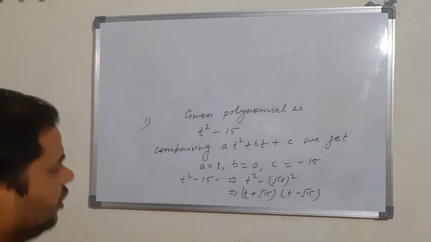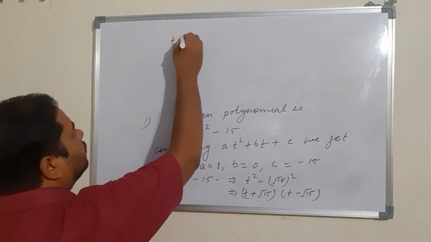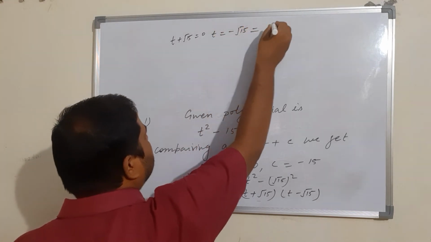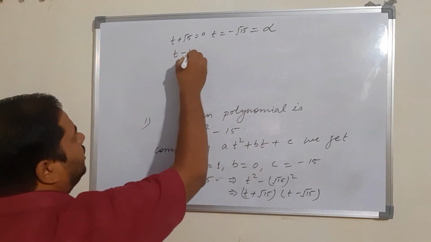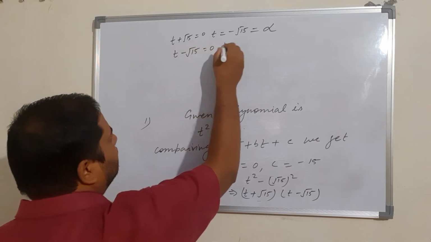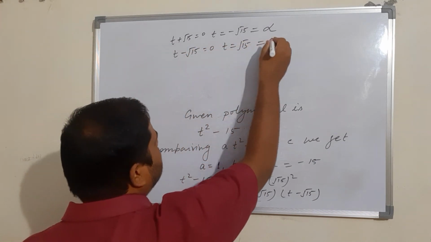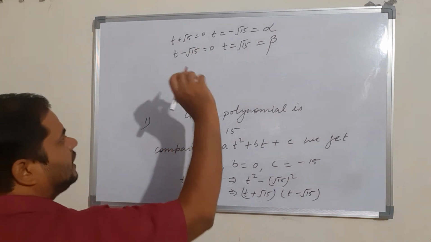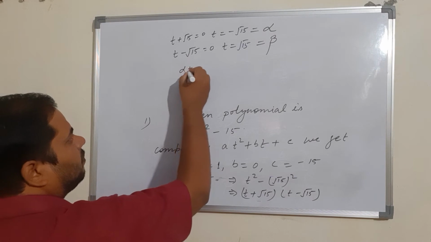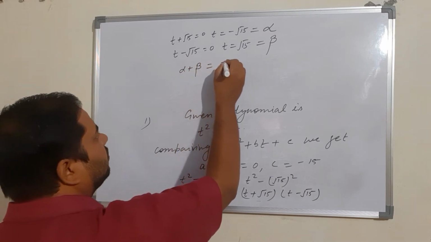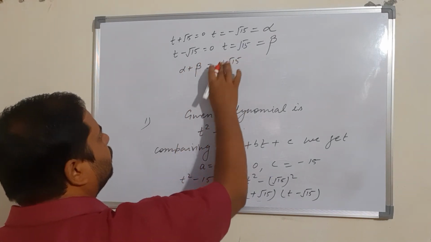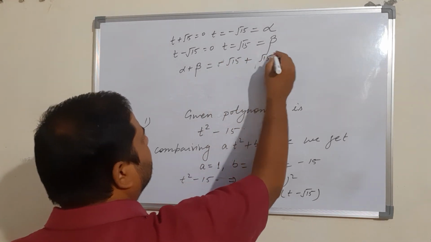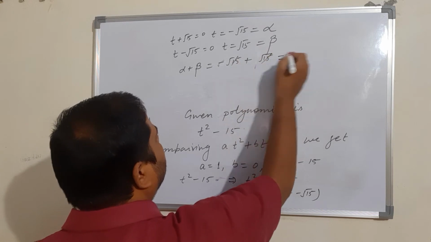The zeros of the given polynomial are: t plus root 15 is 0, so t is equal to minus root 15, suppose this is alpha, and t minus root 15 is equal to 0, so t is equal to root 15, suppose this is beta. So alpha plus beta is minus root 15 plus root 15, and this is equal to 0.